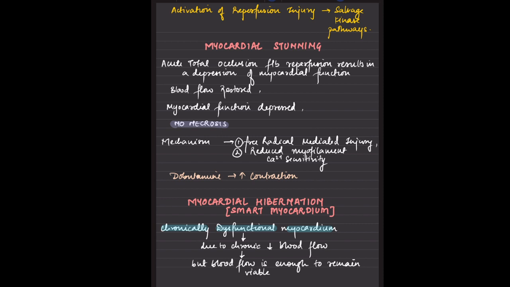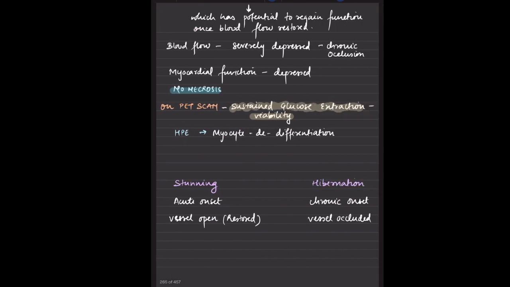Then coming to hibernation, that means there will be chronic obstruction. Chronic obstruction will be present, so chronic dysfunctional myocardium, with a decrease in the blood flow. But there is also no necrosis in this. But blood flow is enough to keep the myocardium viable, which has a potential to regain function once the blood flow is restored. So the blood flow is severely depressed, and it is chronic occlusion.